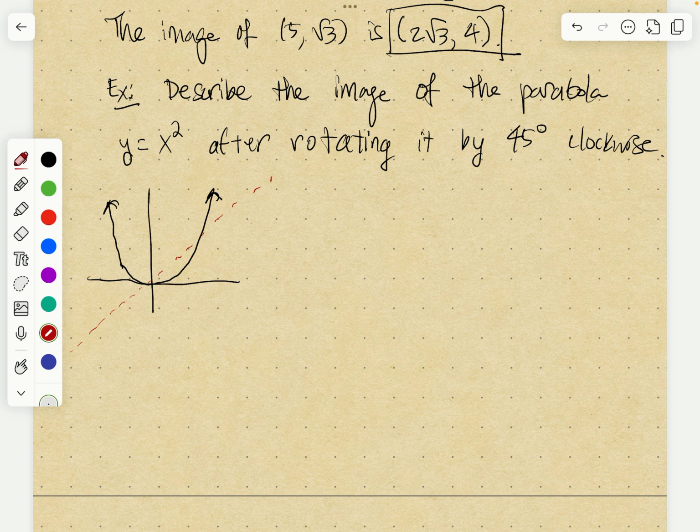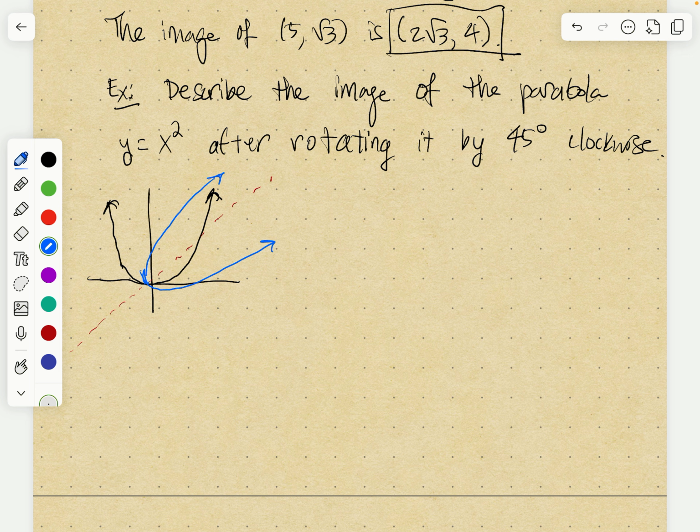So then the parabola is symmetric about this new axis, and so it's going to look something like that. And the question is, what's the equation for this curve?